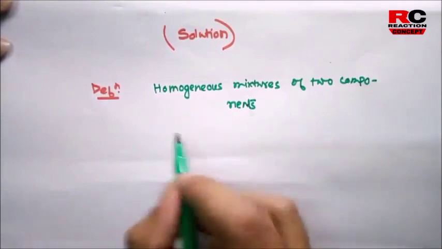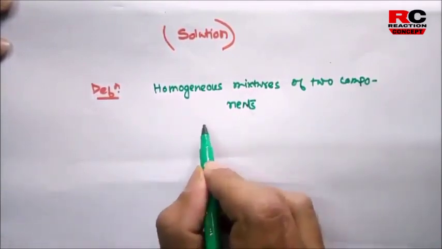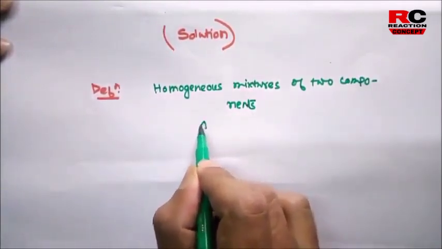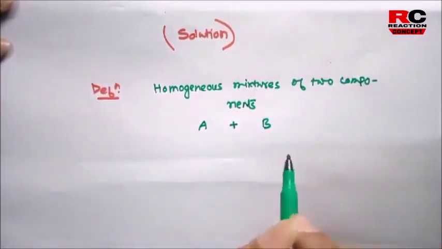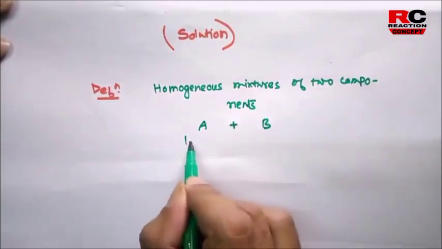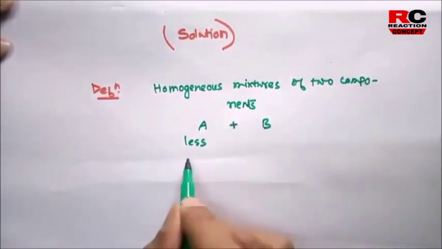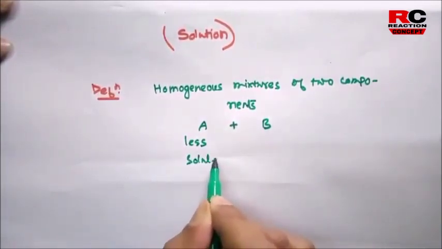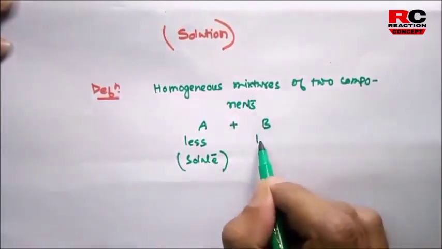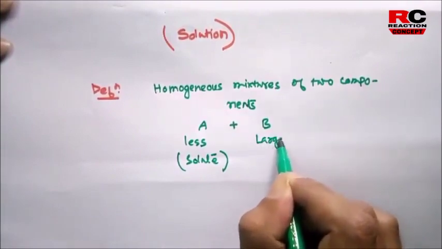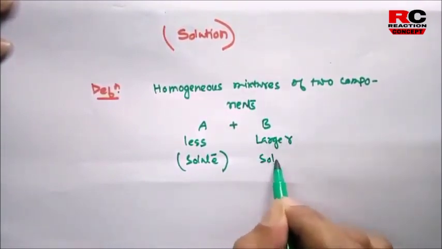Suppose one component is A and the other one is B. The component which is present in less amount in a solution is known as solute, and the component which is present in larger amount is known as solvent.